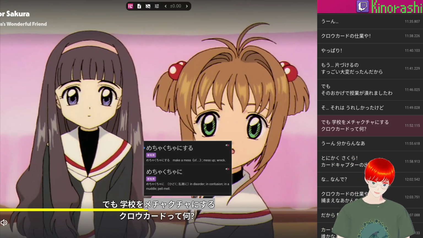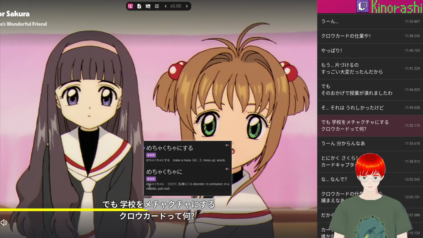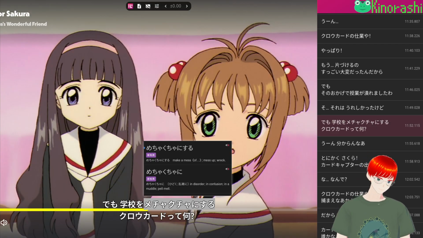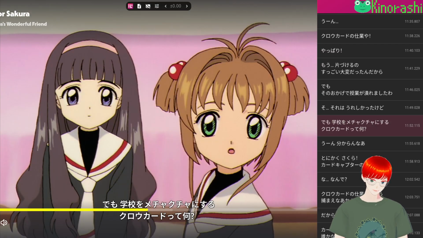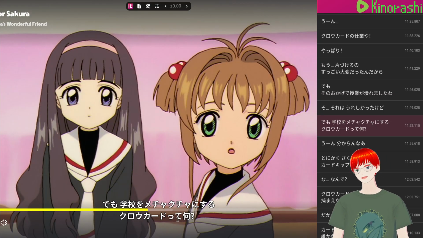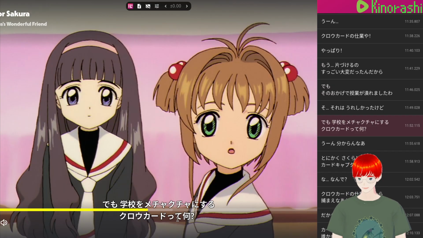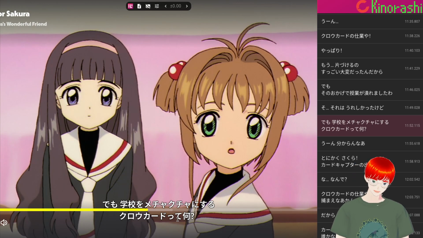So this cha might be the... could this be kereba again? And then down here it's cardcaptor. Oh, cardcaptor nani, or in other words, what makes you say a Clow Card? Cardcaptor nani.